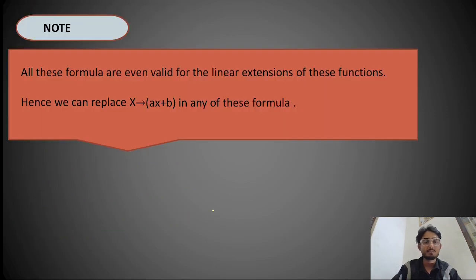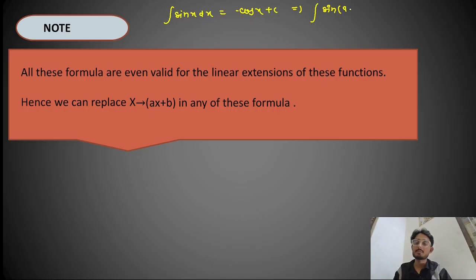Okay, let's start. Note, this is the note. Why is this note important? Because when we do integration of sin x dx, you find minus cos x plus c, and you can also find integration of sin ax plus b equal to minus cos ax plus b, divided by a, the derivative of the inner term.